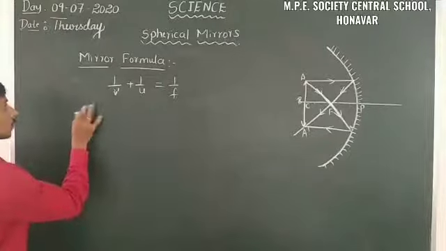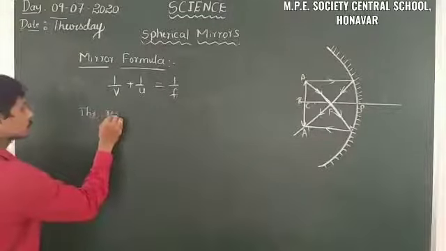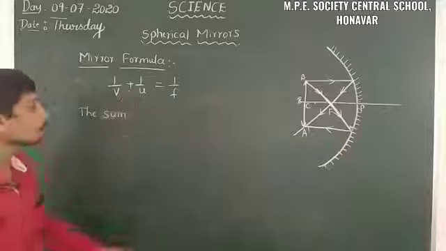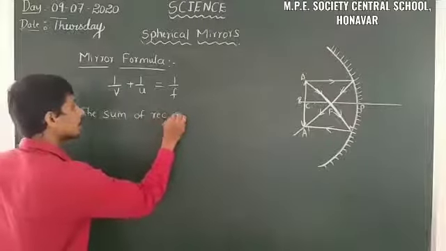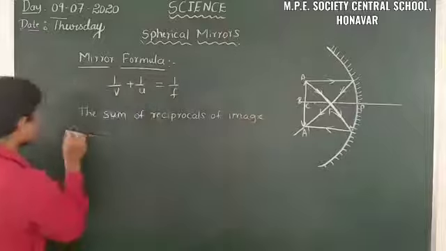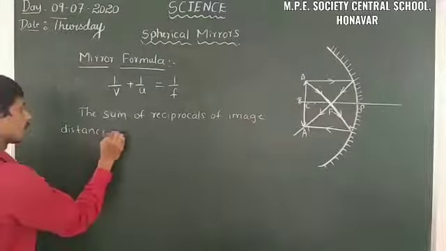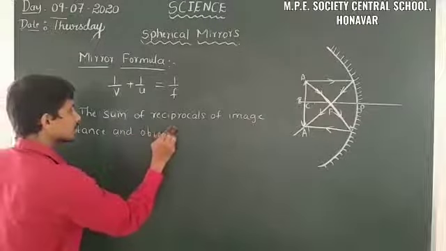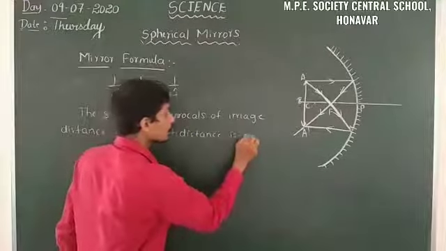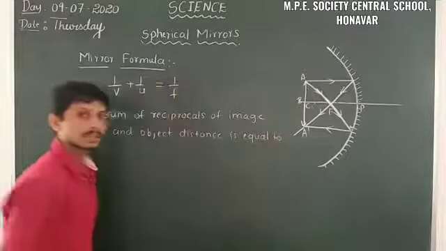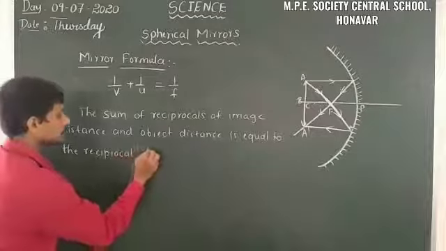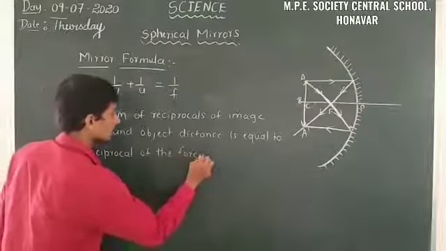So the definition is: the sum of the reciprocals of image distance and object distance is equal to the reciprocal of the focal length.